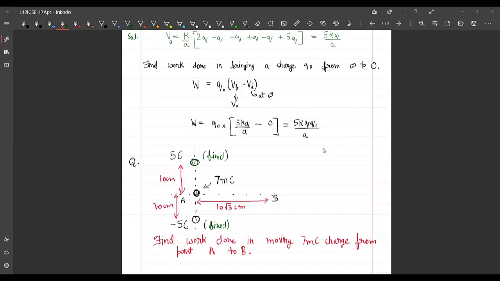The formulas here: the work done is equal to final potential energy minus initial potential energy. Potential due to a single point charge, you know the formula is KQ upon R. There are only two formulas that we are using here. Solve this.